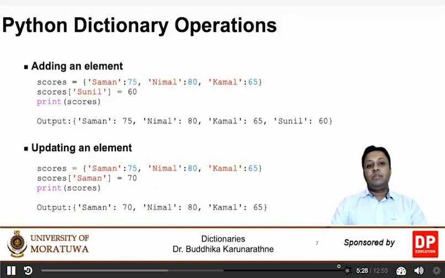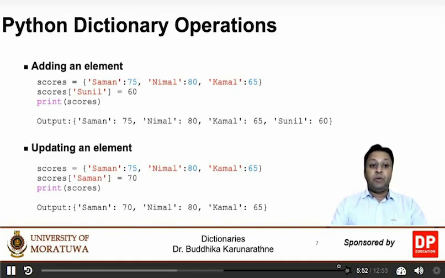Now, let's go through some of the important operations related to dictionaries. First of all, we can add an element to an existing dictionary by specifying the new key within square brackets and assigning the corresponding value.